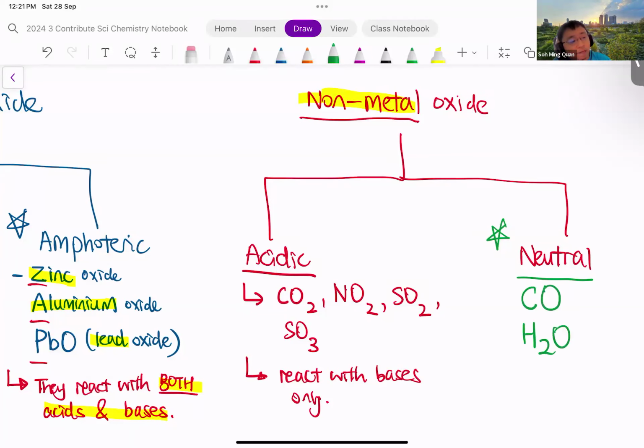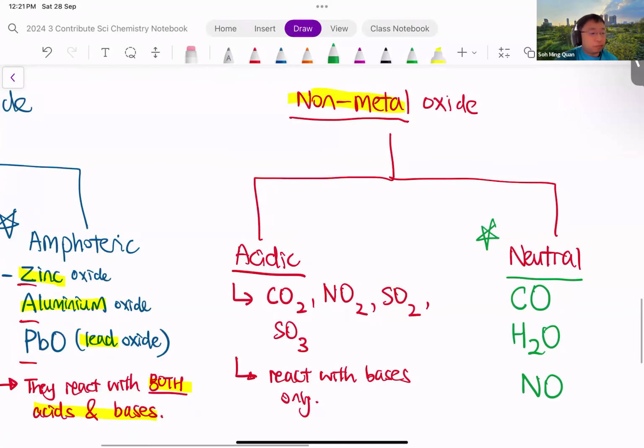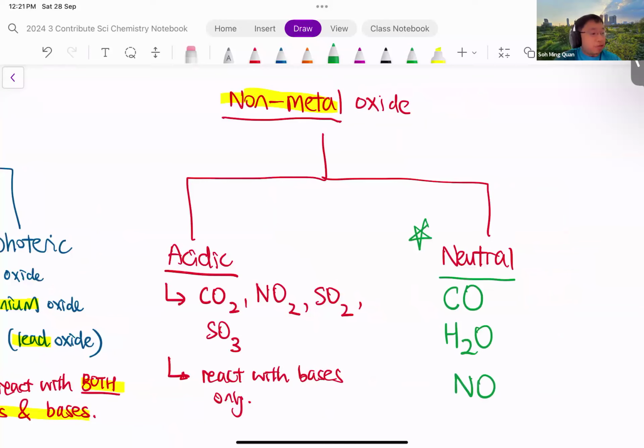And if I write out the formula, you will realize why. Okay, maybe I should write it in a different order so they can see clearly. So one way to remember it is the CO-NO-HO, right? Carbon monoxide, nitrogen monoxide, and of course, water. These are neutral. So what do you notice?